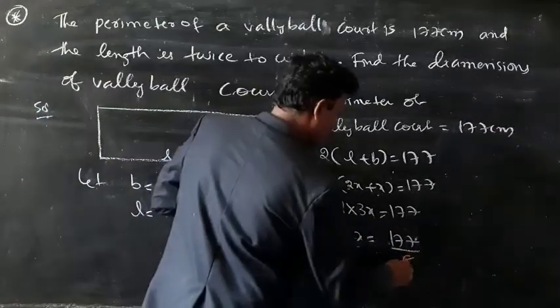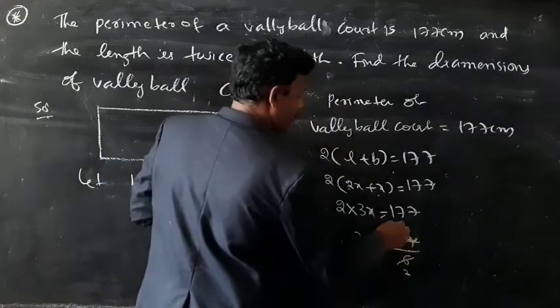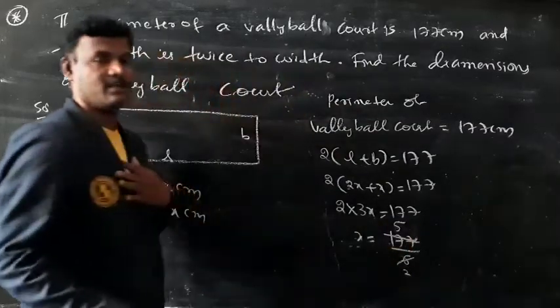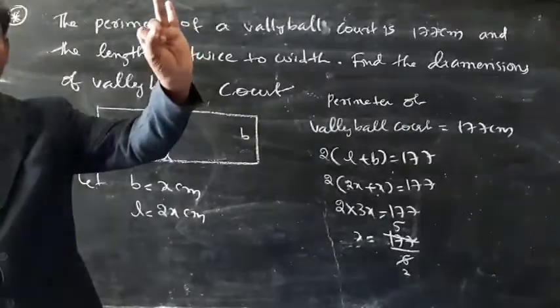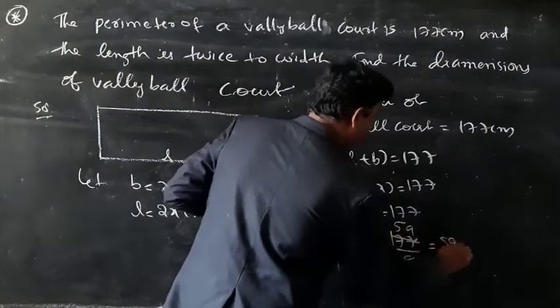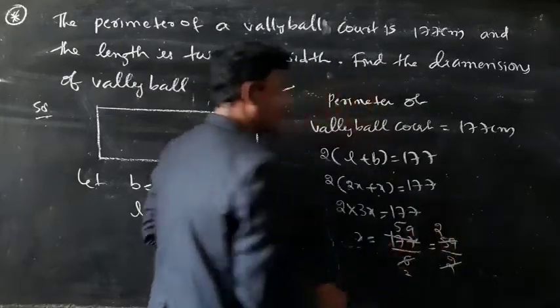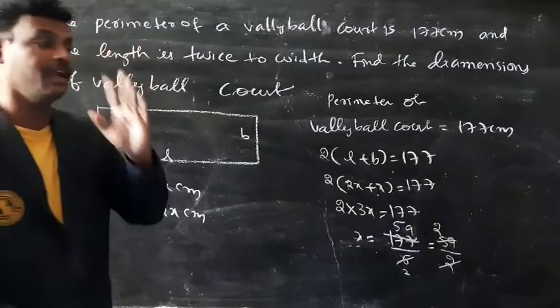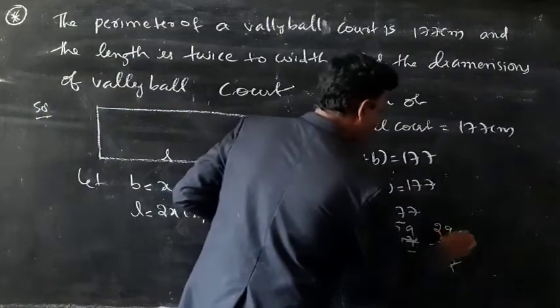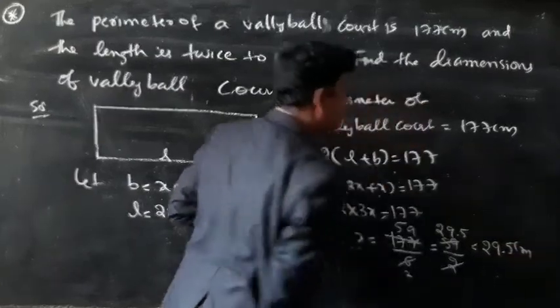Now, 3 2s are 6, 3 5s are 15, 17 remains 2, 27. 3 9s are 27. It is nothing but 59 by 2. Once again, 2 2s are 4, 1 remains, 19. 2 9s are 18. So it is nothing but 29.5 centimeters.